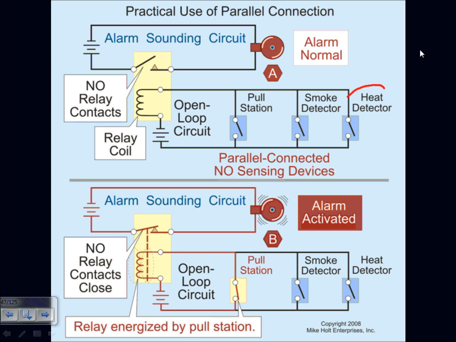There's a heat detector right in the ceiling. The temperature reaches a certain limit. It closes this contact, and the alarm goes off. The alarm will go off, and get the heck out of there. So it made a decision individually. The smoke detector can also do the same, as well as the pull station. If nothing happened, and you see a fire right there, the first thing to get out, pull station, pull it down. You basically close that one.